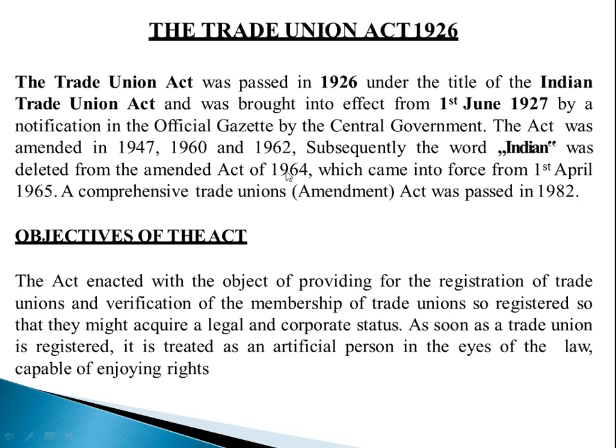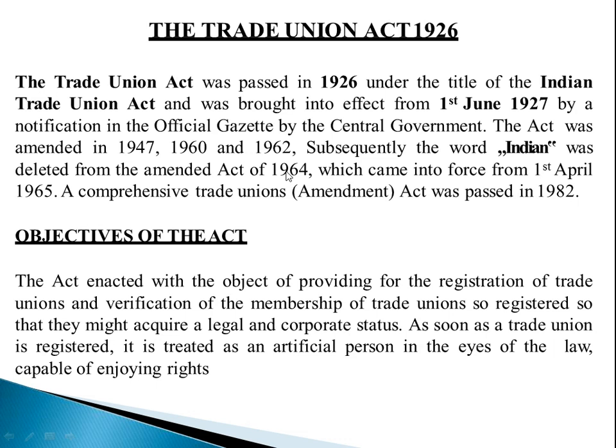The main objective, as I said, is that if the employees in the industry, factory or organization where they are working are registered in a trade union, and that trade union is given proper approval by the government, then they can get the rights which they can enjoy in the organization where they are working.